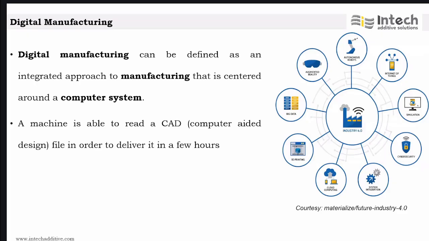It's an integrated approach centered around a computer system where the machines can read the CAD directly and deliver the finished parts. There is no tooling, no setup delays, and no intermediates.